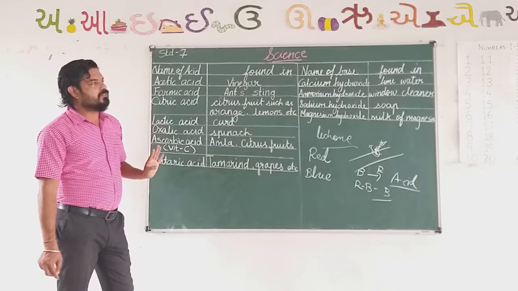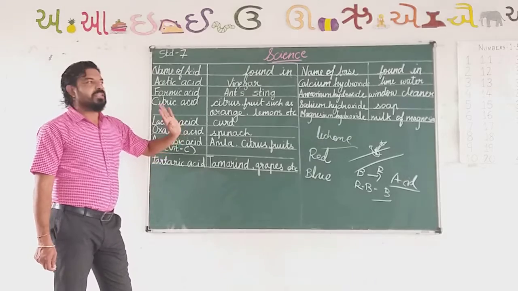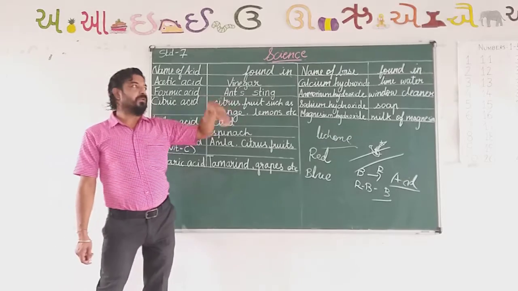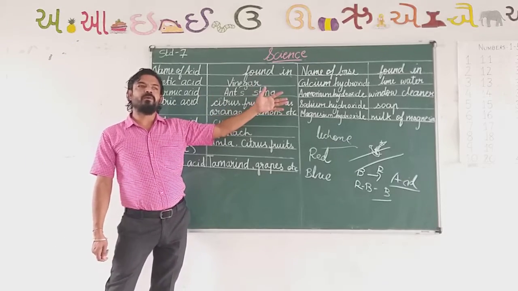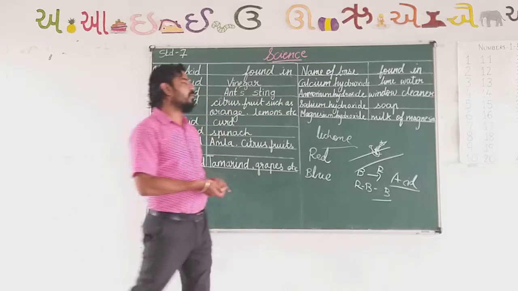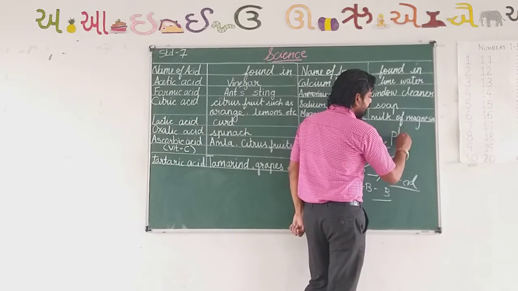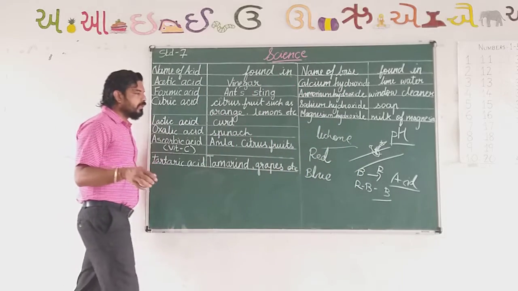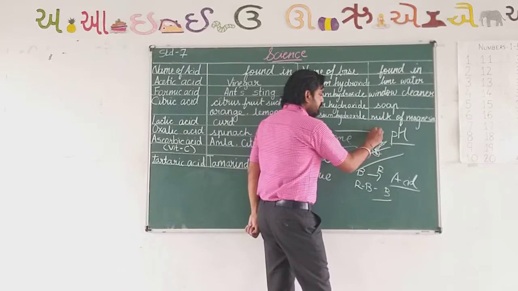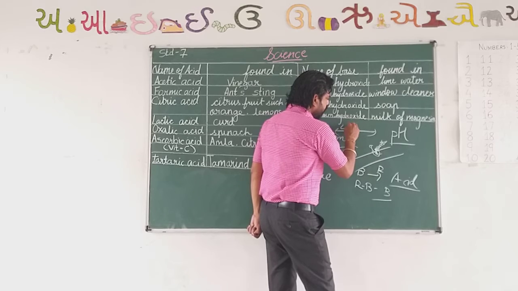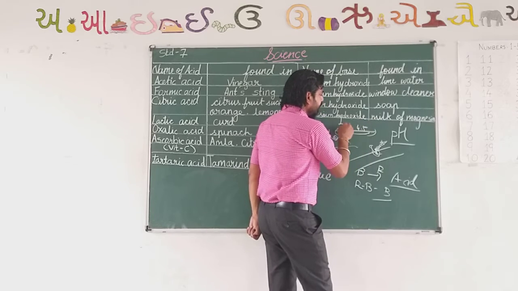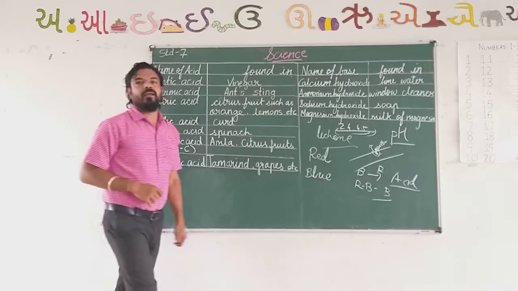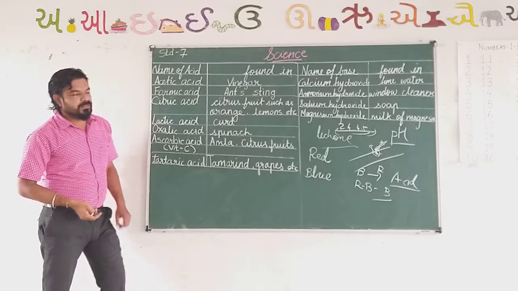So in the next class we will understand how litmus paper helps with the pH level, how we understand our pH level, which I already talked about in the previous class. This is the pH level. The material which has a level near 2.4 to 4.5 pH is the highest in acidity. Okay, fine. Thank you.